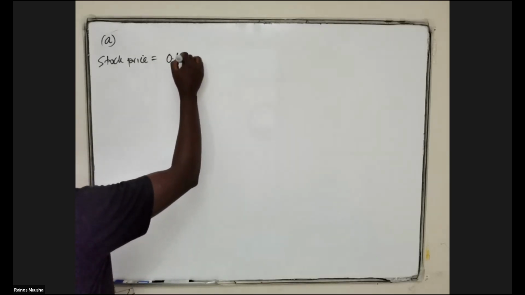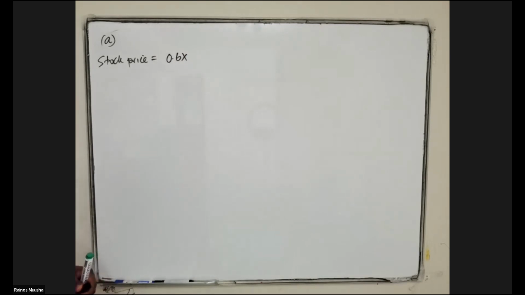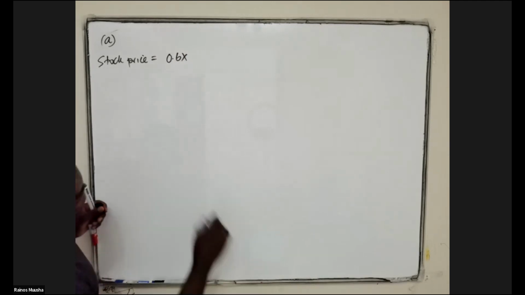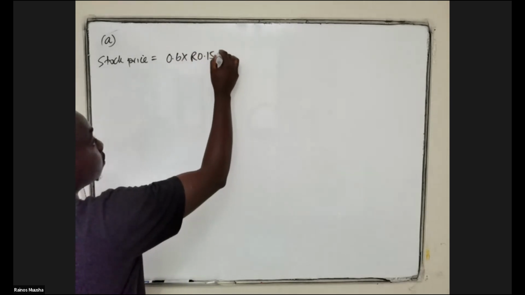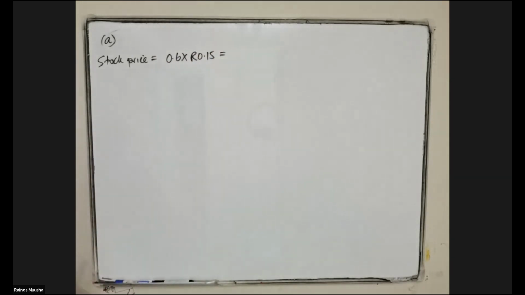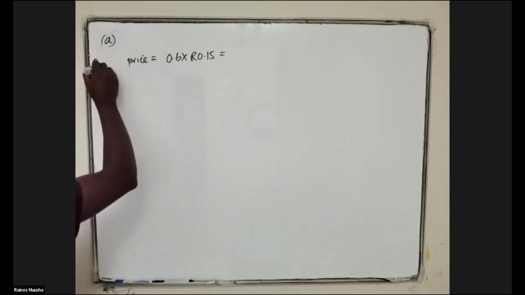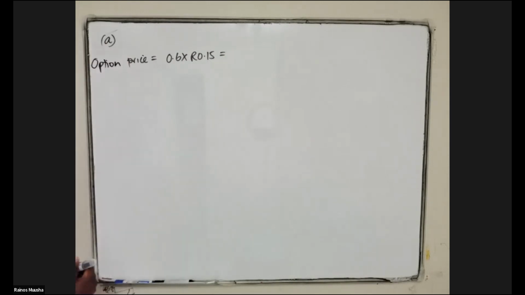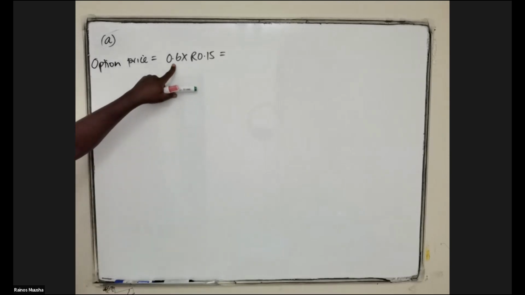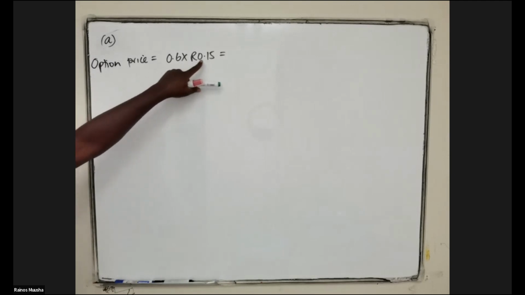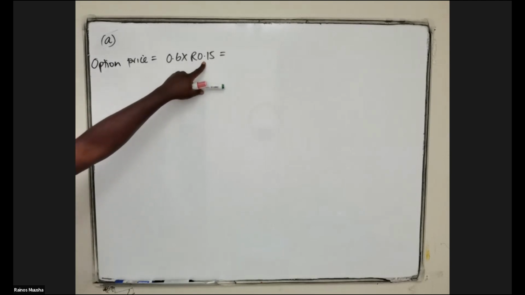So 0.6 times the change in price, which is given as 0.15. When you look at the effect on the option price, remember we're given that the delta is 0.6 and the stock price is going to increase by 0.15.